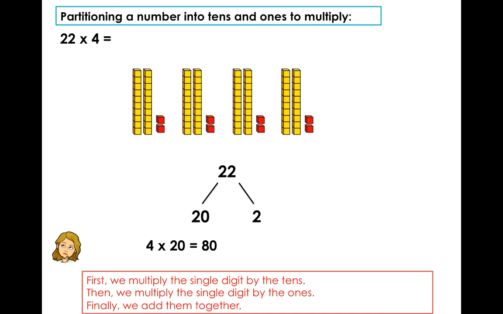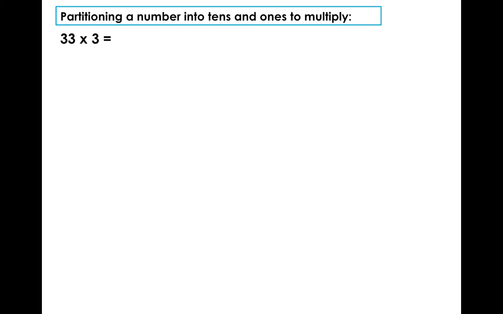Now remember, to do that, I do 4 times 2 to get 8, and then I multiply the 8 by 10 because 20 is 10 times bigger than 2, isn't it? Okay, brilliant. Then I multiply my single digit 4 by 2, my ones, to give me 8. What's my final step? That's right. I add the two numbers together. So 80 add 8 gives me 88, my final answer.